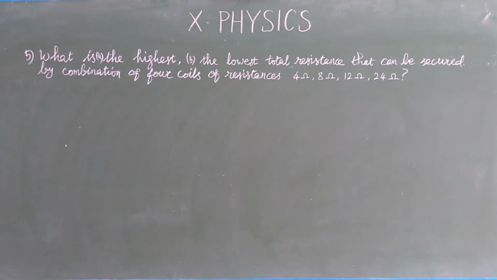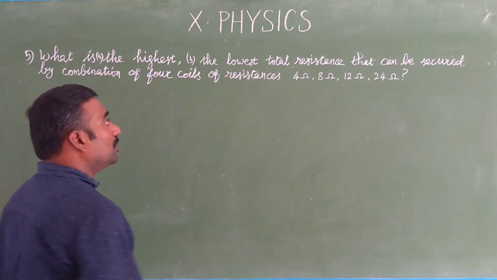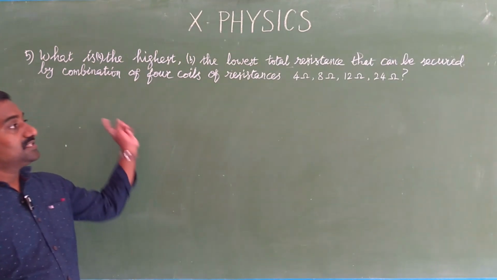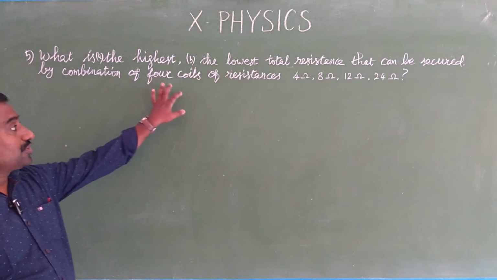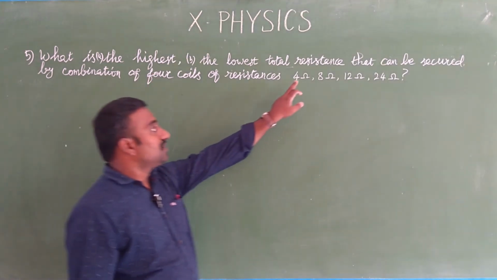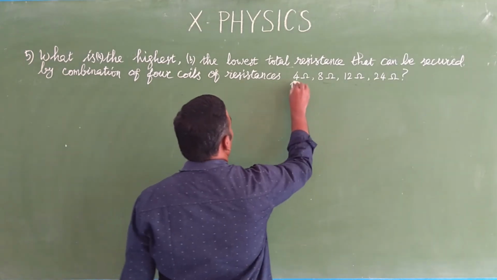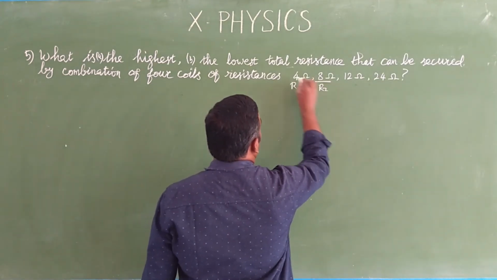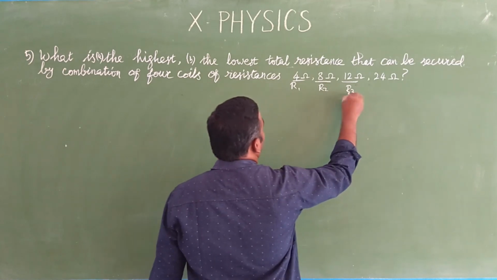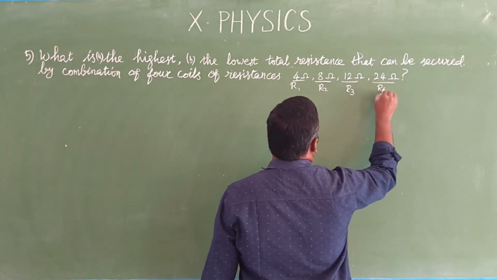The question is, what is the highest and lowest total resistance that can be secured by a combination of 4 coils of resistance 4 ohm, 8 ohm, 12 ohm and 24 ohm. So this is R1, this is R2, 12 ohm is R3 and 24 ohm is R4.